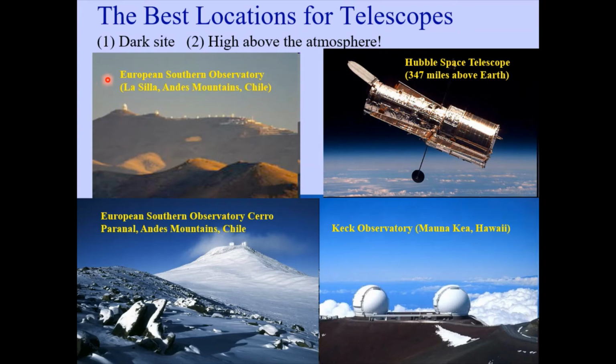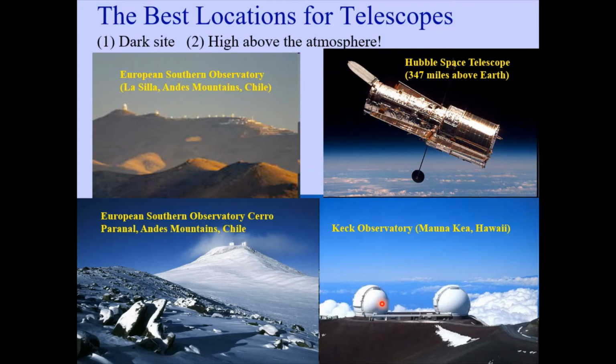The ESO, the European Southern Observatory, has a few observatories and several telescopes on top of the Andes Mountains in Chile. And here's another one of their observatories here. These are high up, remote places. They're dark, they're isolated and desolate, and because of their altitude, they're far above most of the Earth's atmosphere.